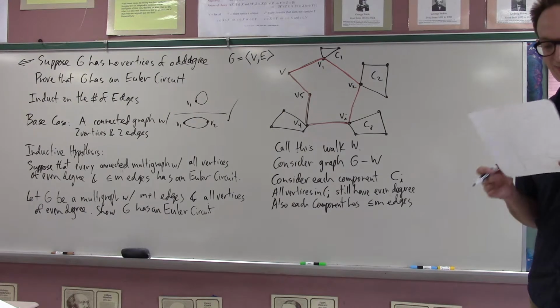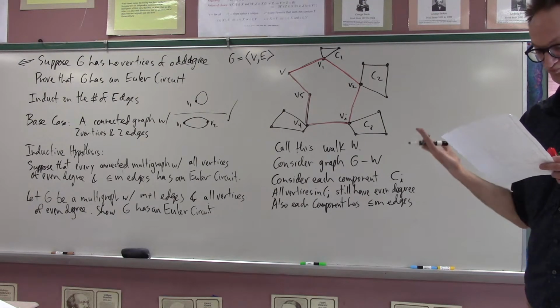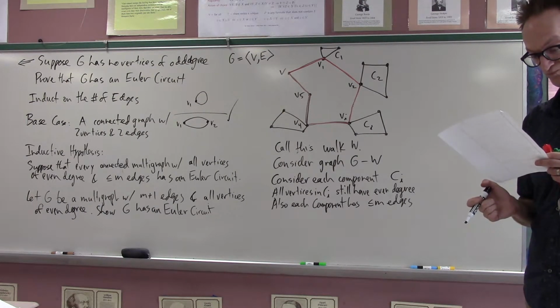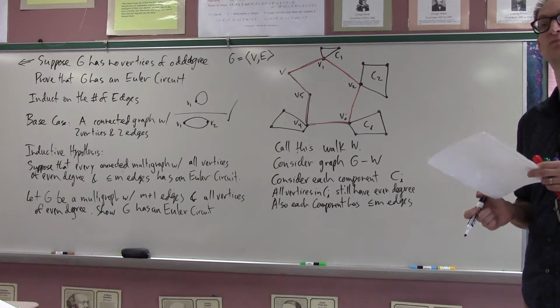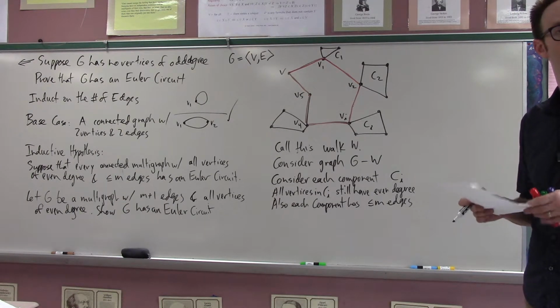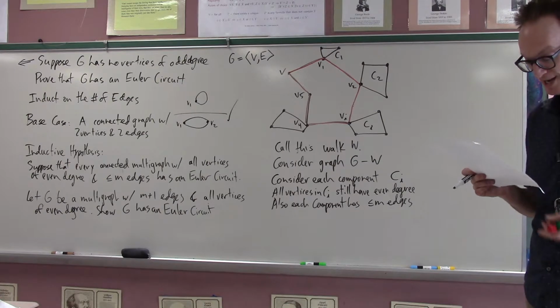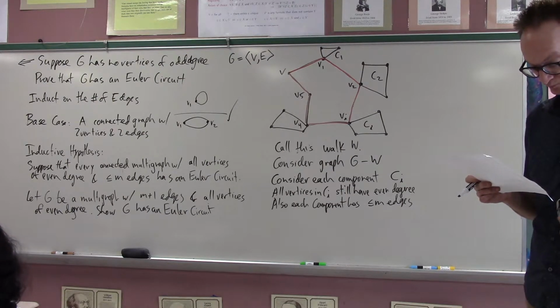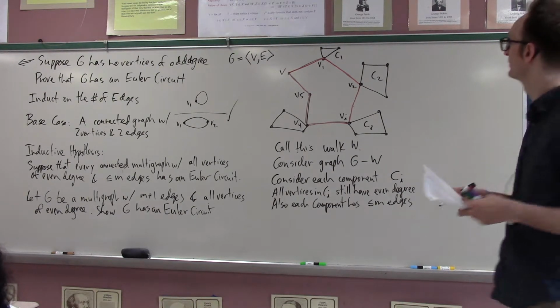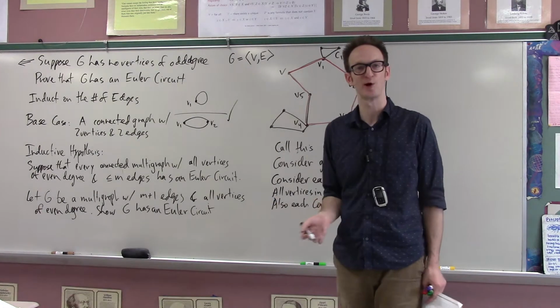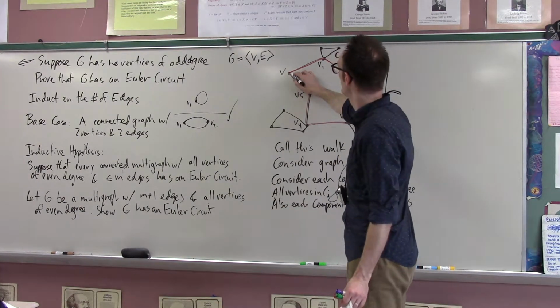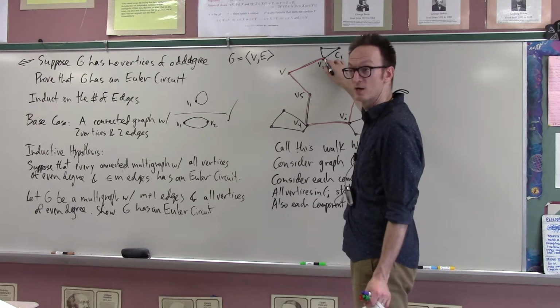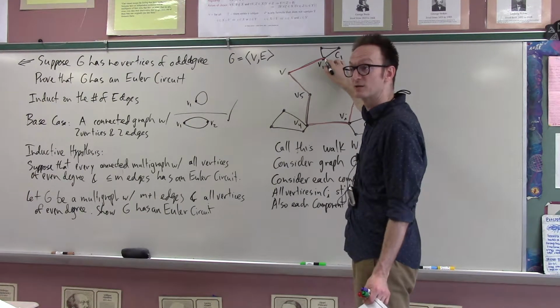And now you just patch them together, in exactly the way we said, right? So just start at V. This is really the whole proof, right? You just start at V, you go to V1. Look, the original graph is connected.